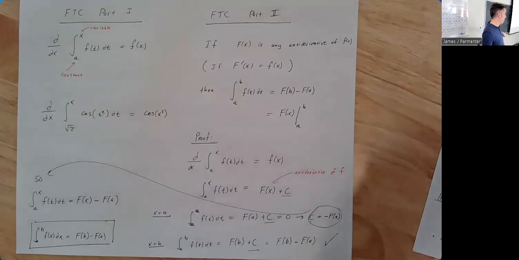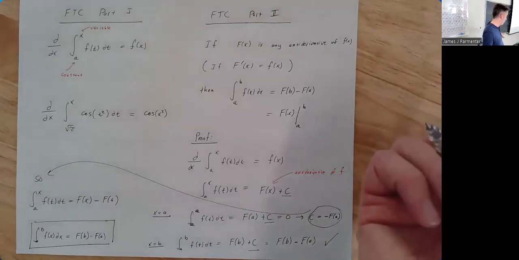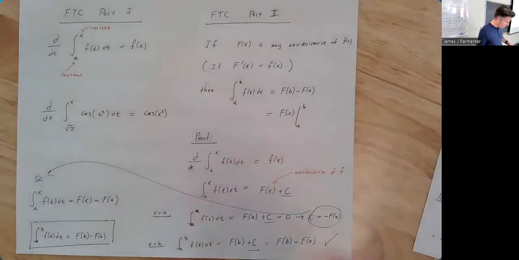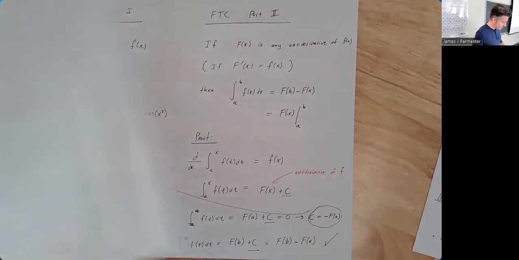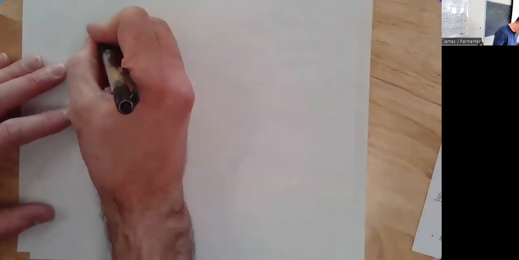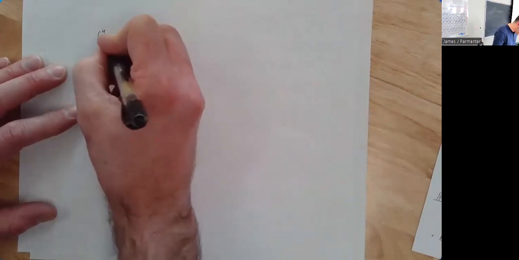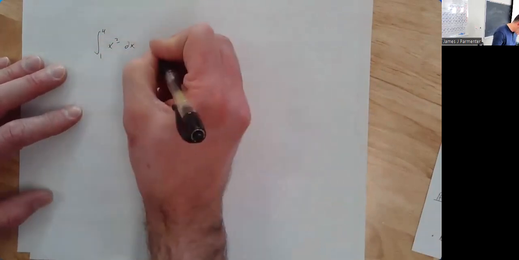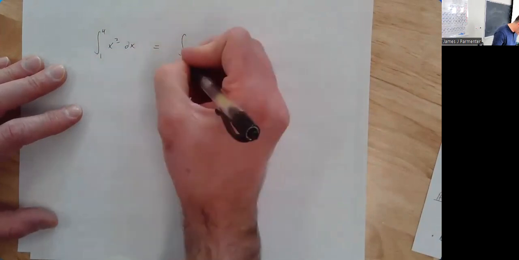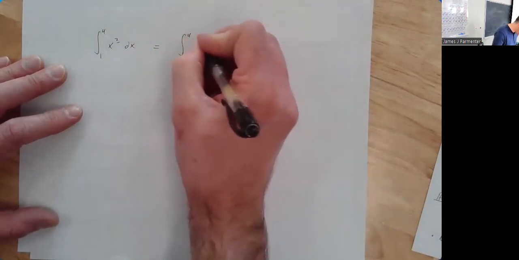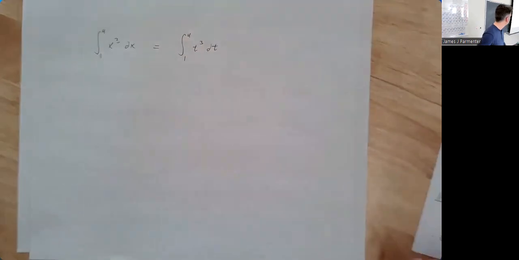I'm just using a different variable name. It's kind of like saying the area under the curve from 1 to 4 of x cubed dx should be the same as the area under the curve from 1 to 4 of t cubed dt. It doesn't matter that we've used t's or x's as long as everything else is the same.